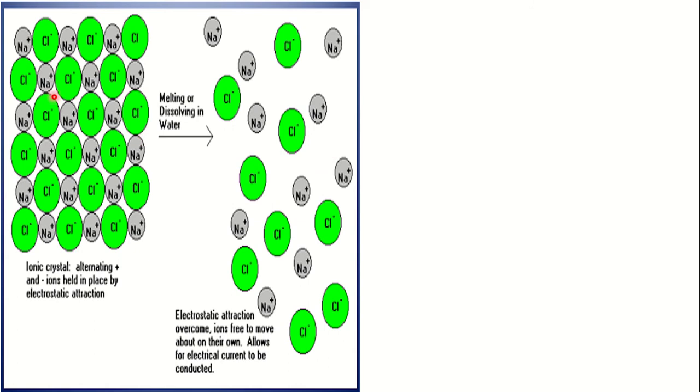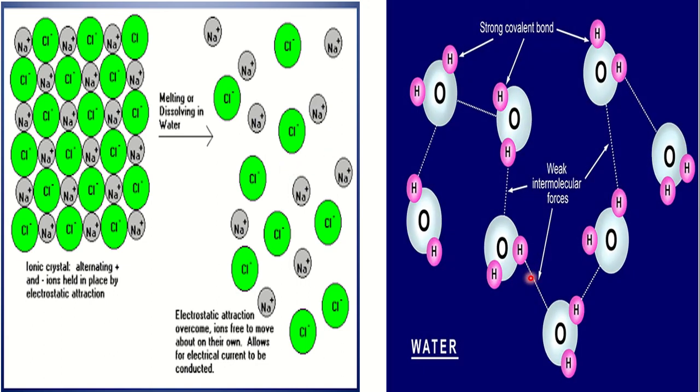Look here, this is the sodium chloride ionic compound. When it is melted, the sodium ions and chloride ions are separated from one another, and now there is no ionic bond. But water is a covalent compound. In water, there are weak van der Waals forces between the molecules.